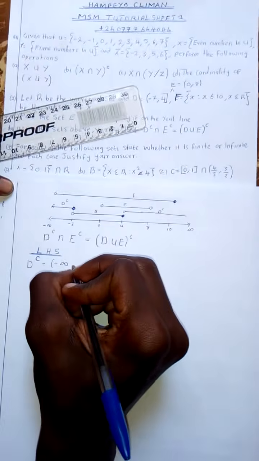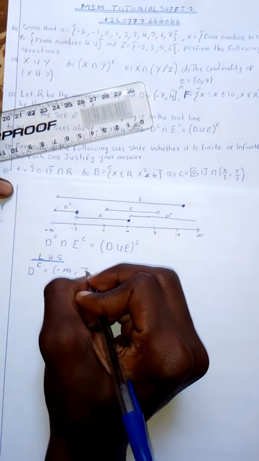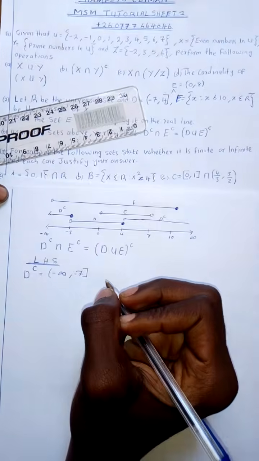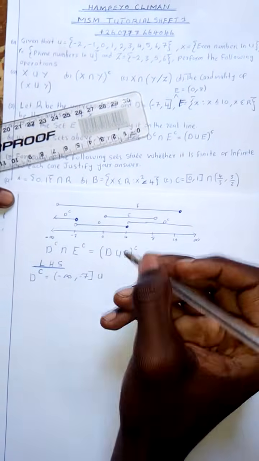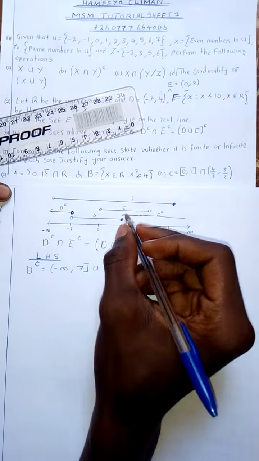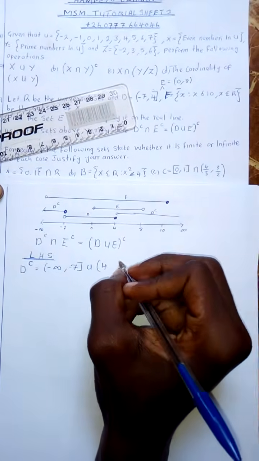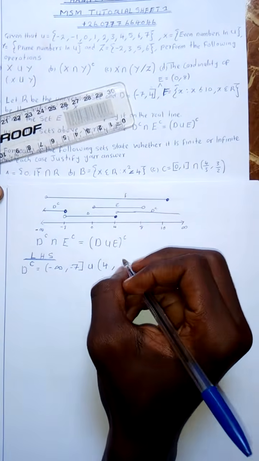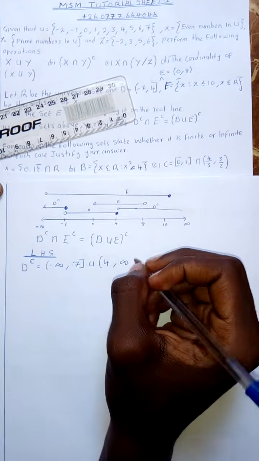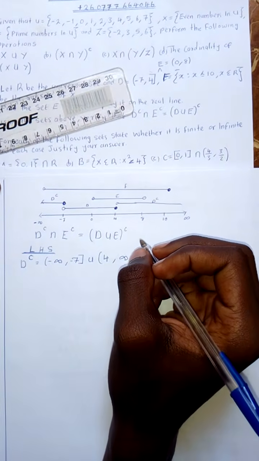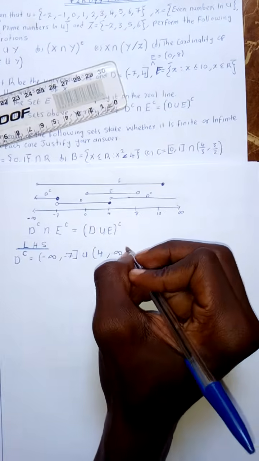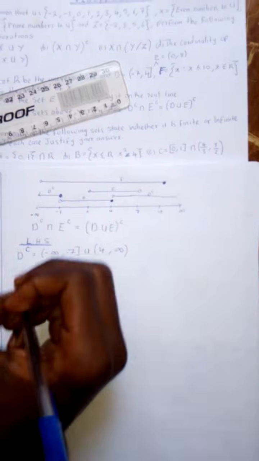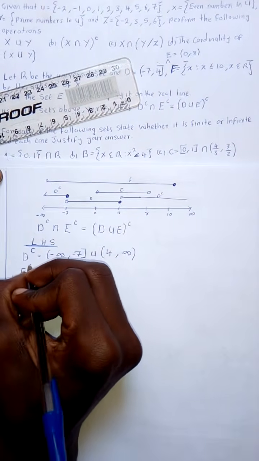Therefore, D complement is coming from negative infinity up to -7, negative 7 included like this. Then union, then I start from here. So this was 4, then open, then comma, then this is going to be like this. Okay, so I'm sure you've seen what I've done. Then I'm also going to find E complement.